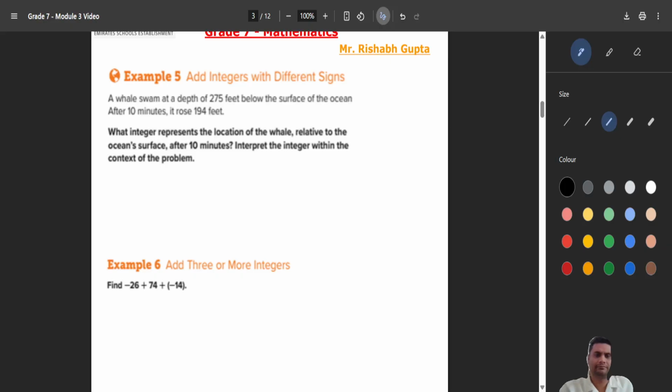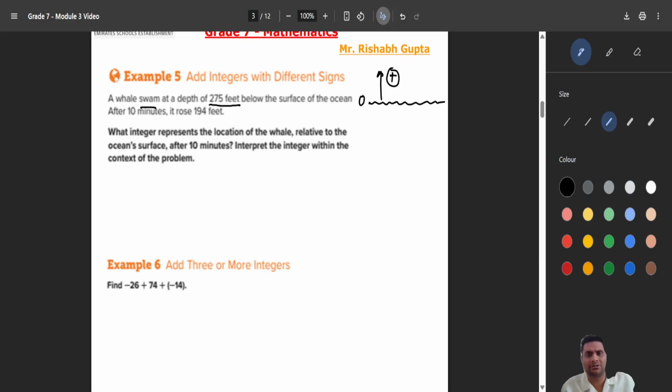Question number 5. Now we are doing a word problem, okay? A whale swam at a depth of 275 feet. Now see, let's say this is the water level. We always consider the water level as 0. If you are going upward from the sea level, we call it a positive direction. The number will increase, plus 1, 2, 3, 4.